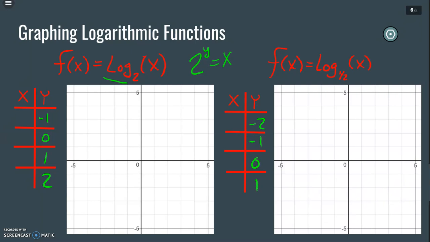So if I take these y values, we're going to get the same numbers we got before, but now they're going to be x values. So 0.5, 1, 2, and 4.